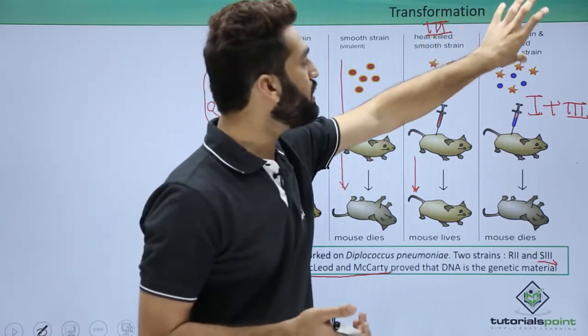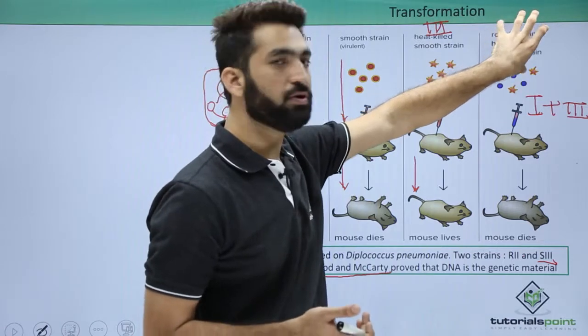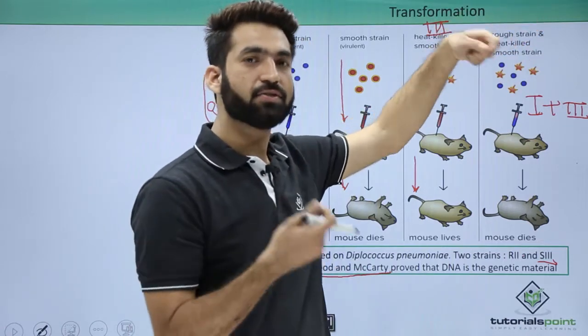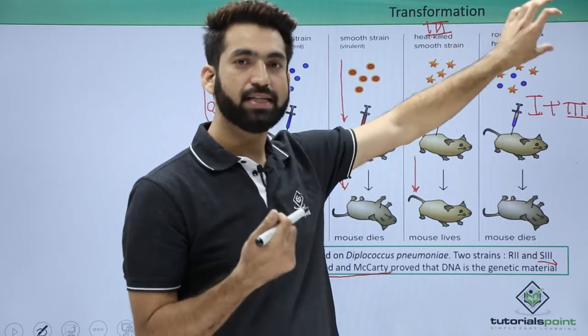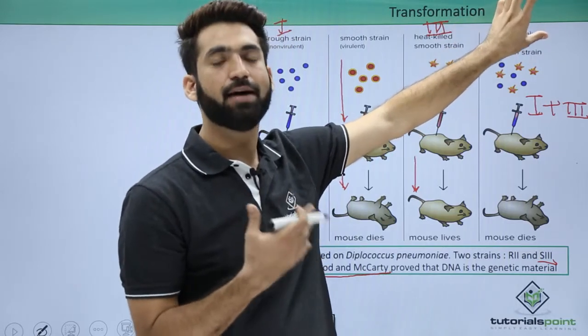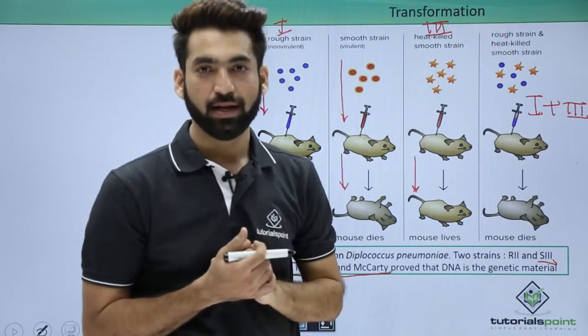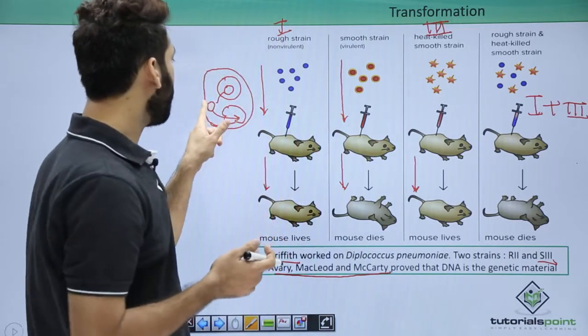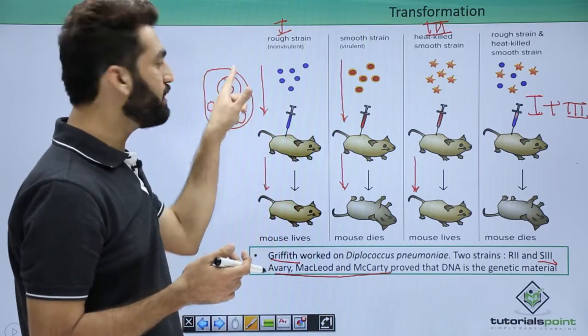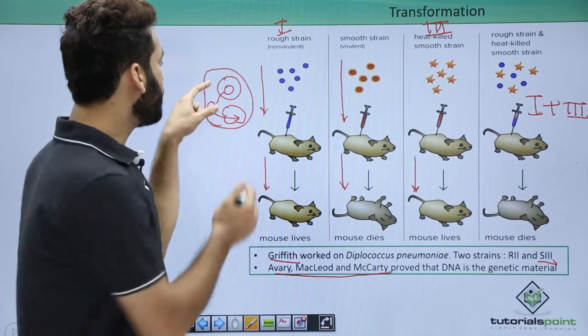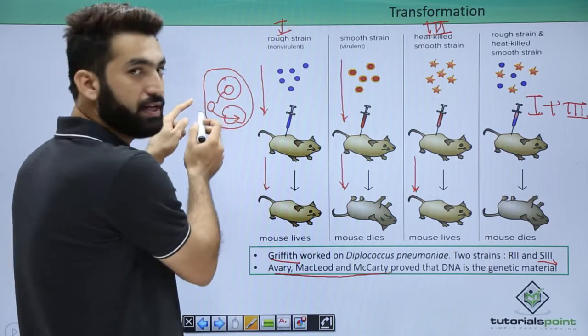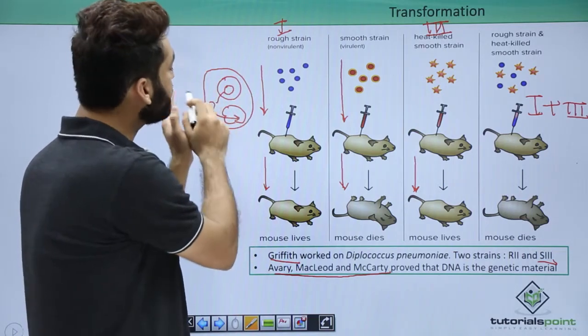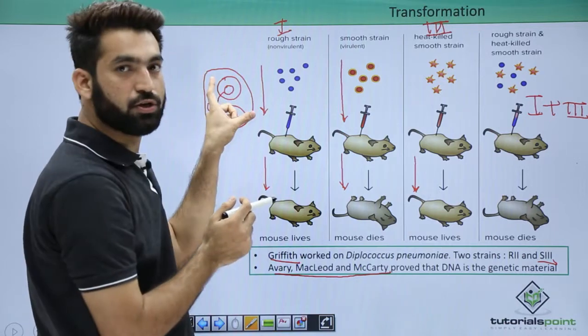Because the R2 strain has taken up the DNA of the S3 strain, some of the R2 bacteria have started behaving like S3. In this take up of DNA from the media, the bacteria did not combine; one bacterium has removed the DNA and a second bacterium has taken up the DNA from the media.